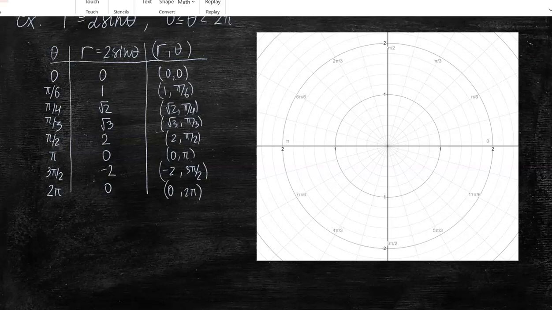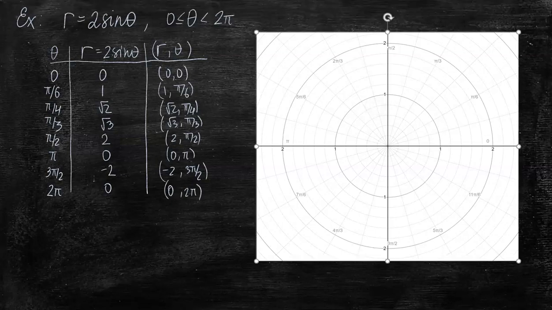So let's go ahead and plot them one by one. So 0, 0 will be right here. 1 pi over 6 will be right here. Root 2 pi over 4. So root 2 is roughly 1.4. So at pi over 4 we're going to do 1.4, so something like around here.